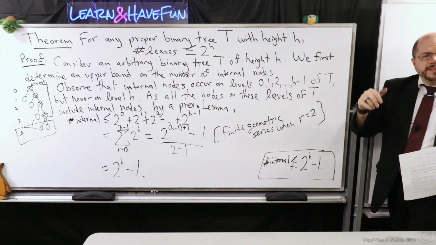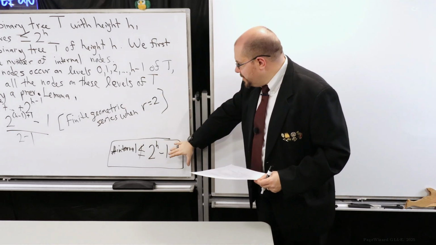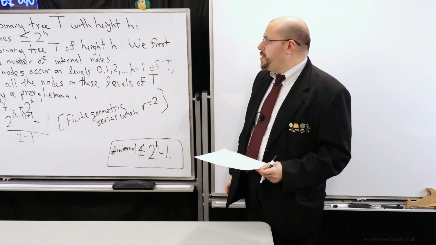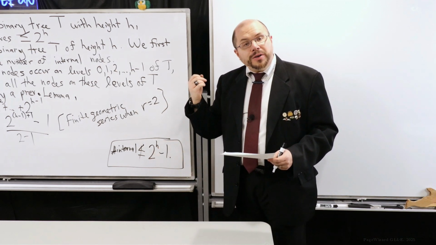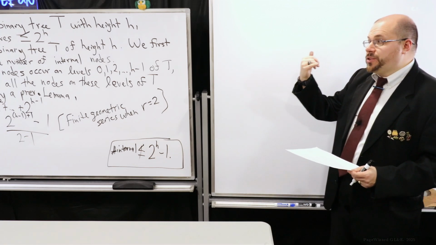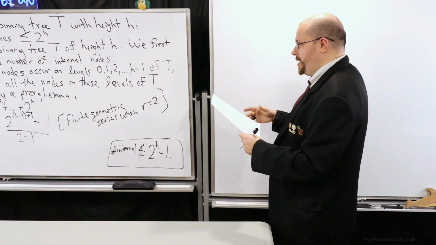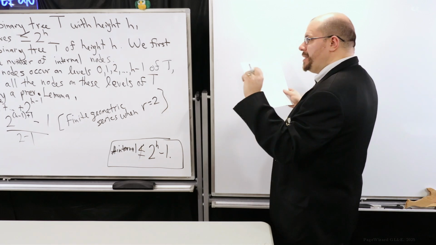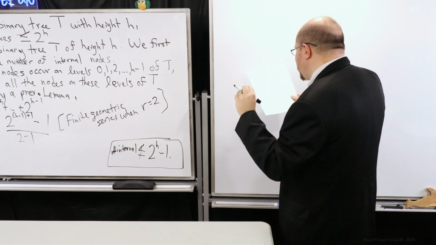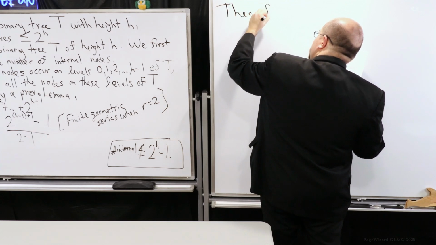So let's head over here and complete the proof. Now we have one piece to this puzzle. We have something about the internal nodes, but we also have another very helpful relationship that internal nodes have with their leaves in a proper binary tree. So this is true for proper binary trees. I'm going to employ this fact, as you're going to see in a moment, to wrap up the proof.